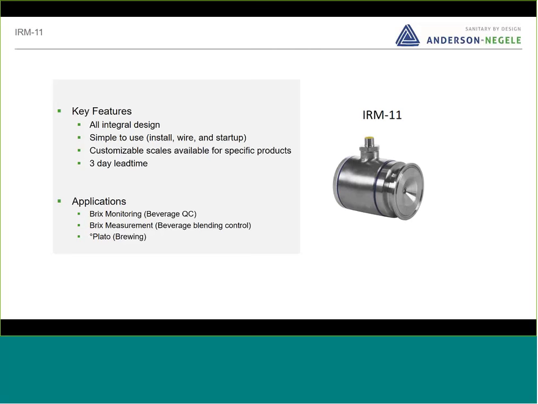Last application that we're going to touch on will be Plato for brewing. This is to determine the sugar concentration in wort.